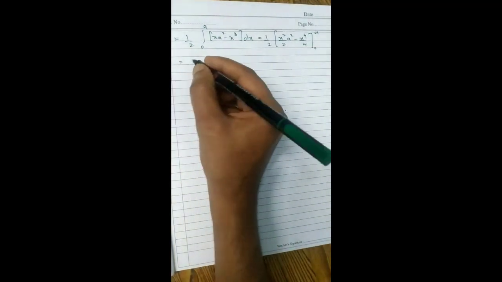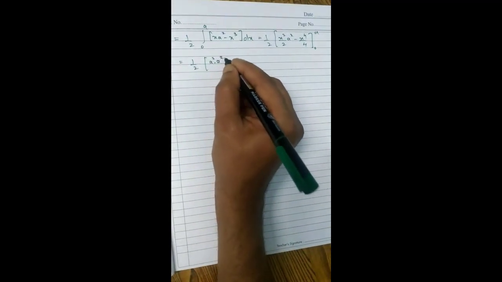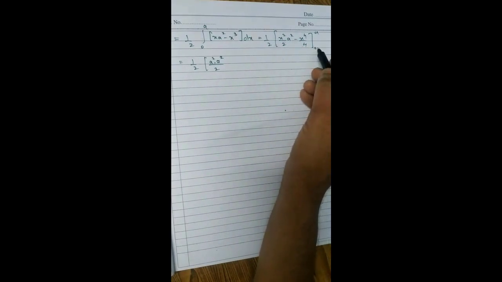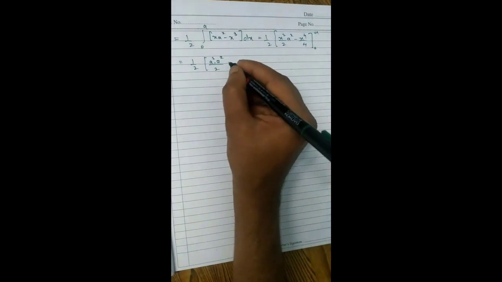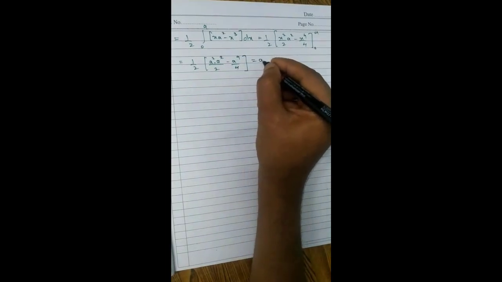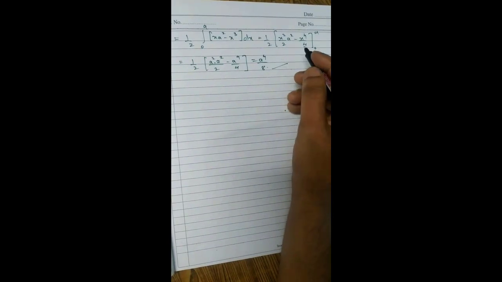That is 1 divided by 2, a square into a square for the upper limit. Obviously the lower limit, when I substitute it, turns out to be 0, minus a power 4 divided by 4, which is equal to a power 4 divided by 8, and this turns out to be our output.